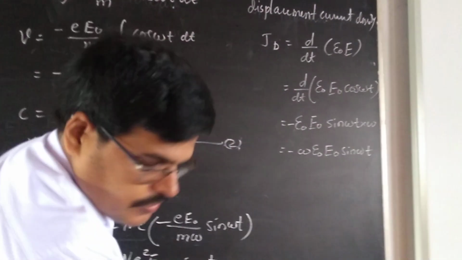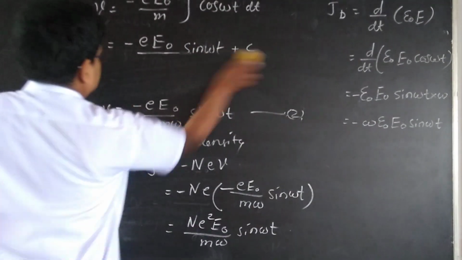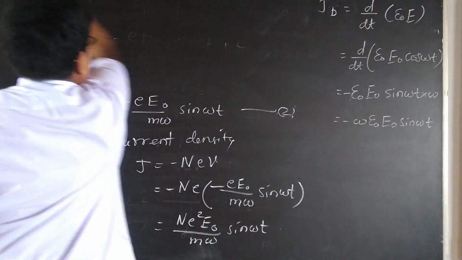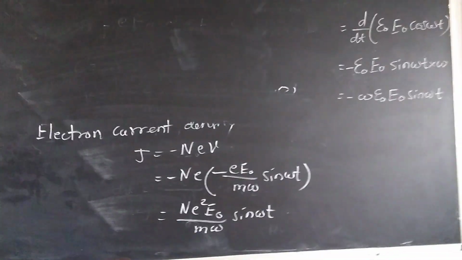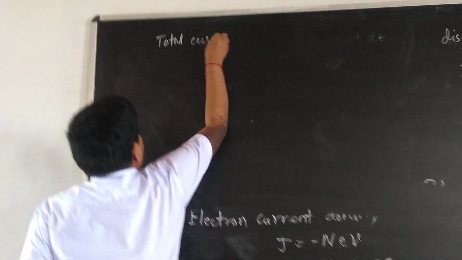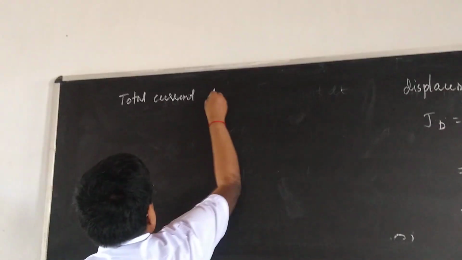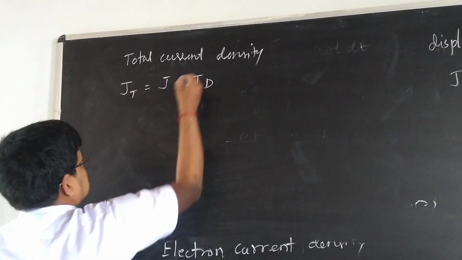Therefore, the total current density J total is equal to J plus JD.